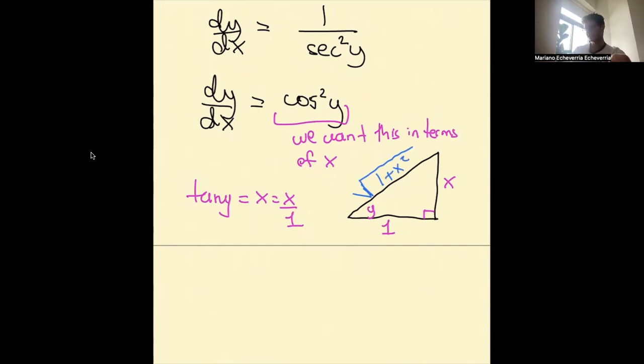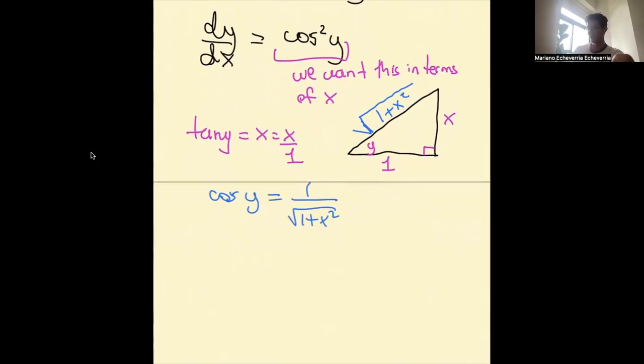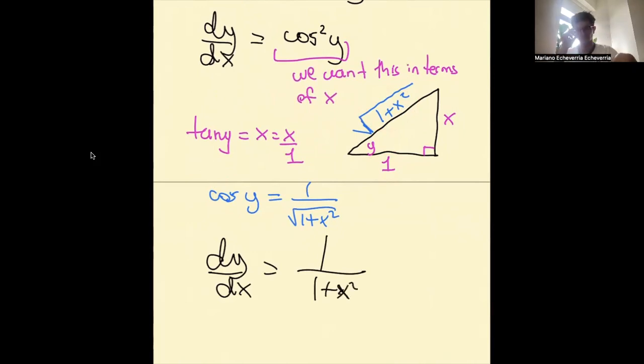Well, remember the Pythagorean theorem says that the length of the hypotenuse is just the square root of the sum of the squares of the sides. So from there, you can see that this forces cosine of y to be 1 over the root of 1 plus x squared, right? Because cosine of y is adjacent divided by hypotenuse. And so dy/dx is just the square of that. So that's how you end up with the formula that the derivative of arctangent is 1 over 1 plus x squared. Is that making sense?